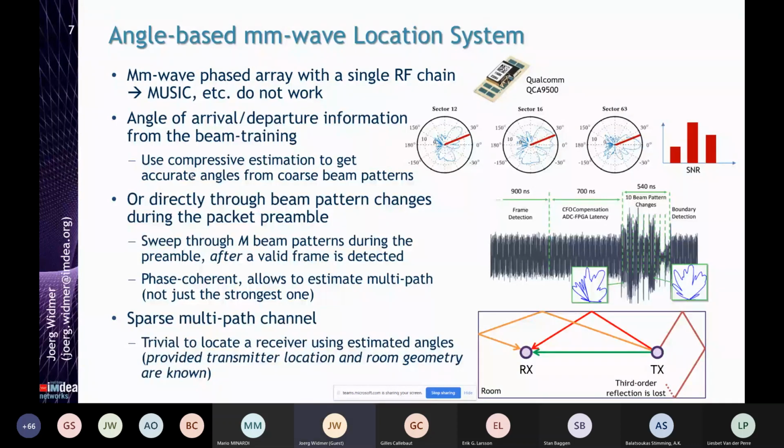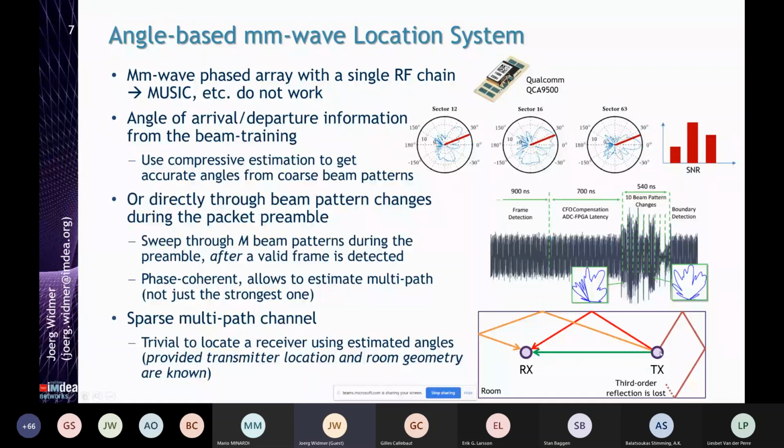The nice thing is now with this, you can actually do location estimation very easily if you know the geometry of a room, right? So for example, if the transmitter knows the whole geometry of the room, knows where the walls are, and the transmitter knows where it itself is located inside that room, then just by using angle of departure estimation and then following the line, it can pinpoint the receiver, right?